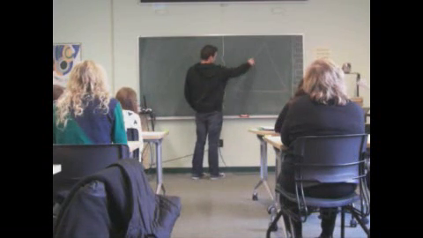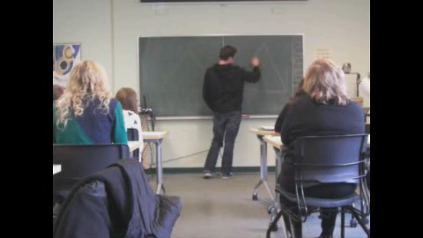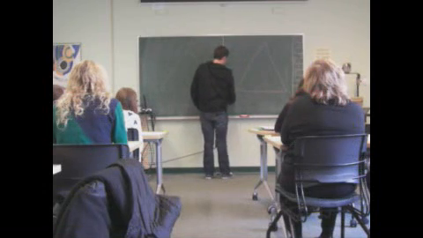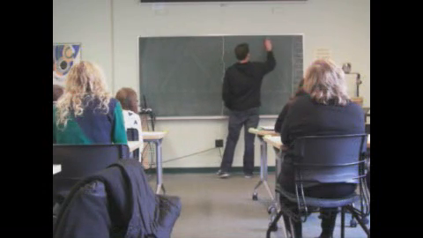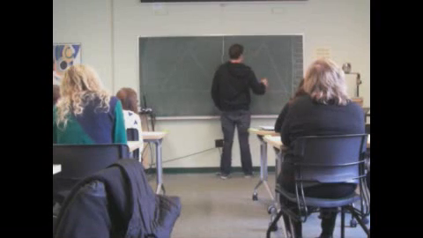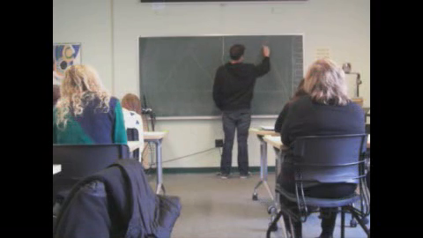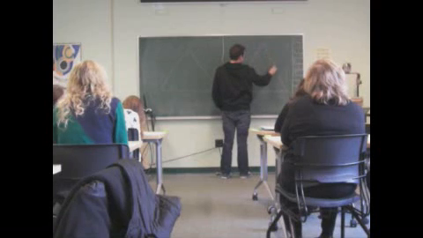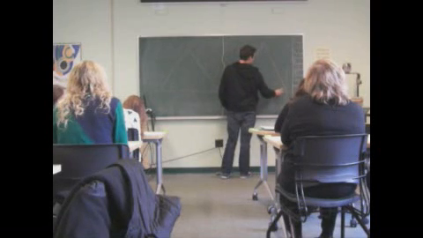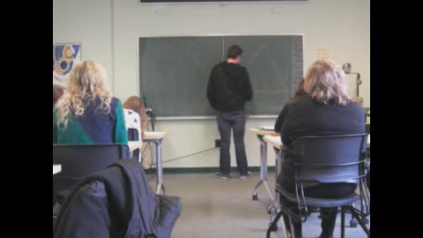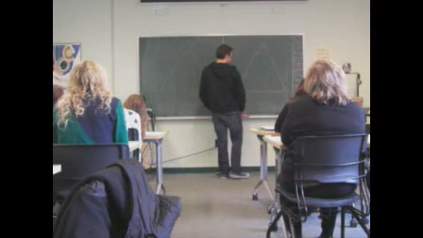He walks straight up this side. Let's label A, B, and C for our triangle. So he went up AB and then turned 120 degrees. What does that look like? 120 degrees to go down BC, and another 120, and then down CA, and you can get out.